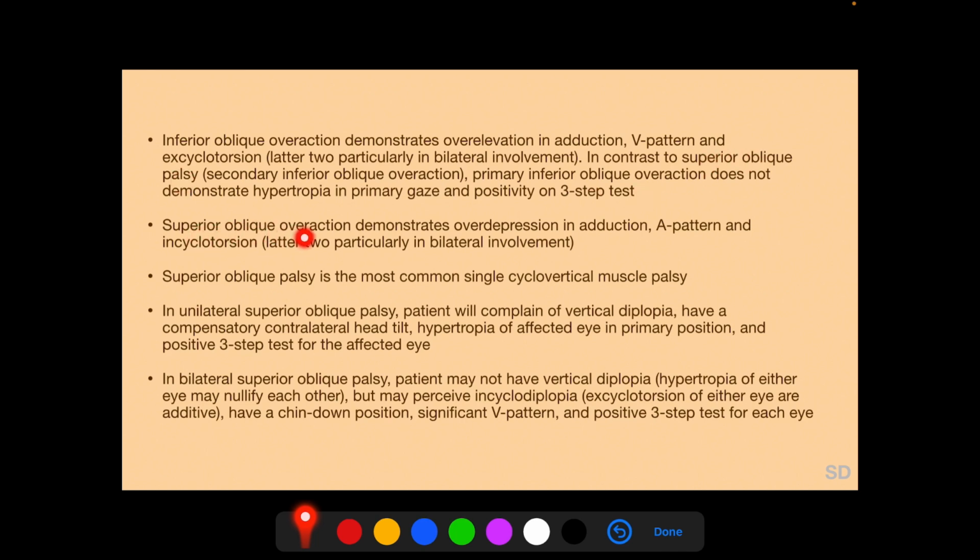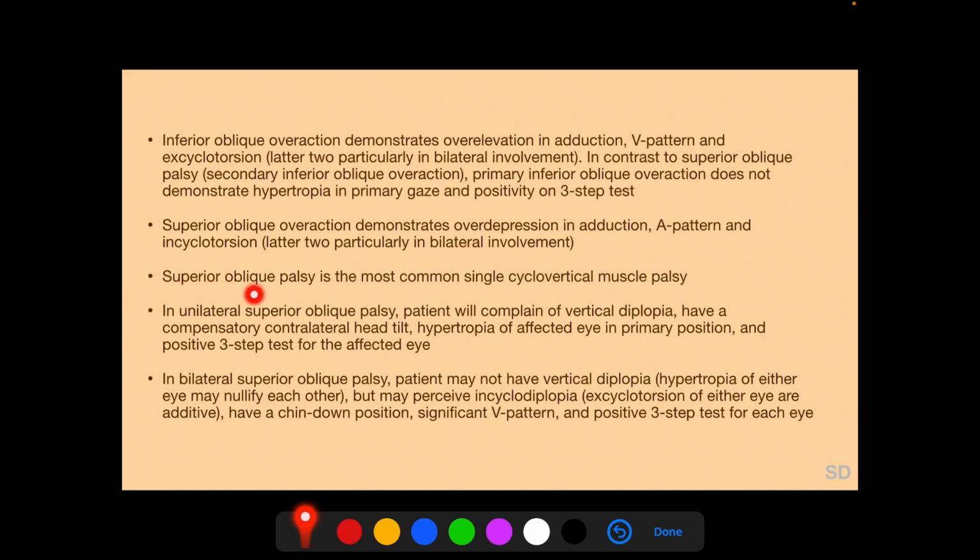Superior oblique overaction patients demonstrate overdepression in adduction, A pattern and encyclotorsion, with A pattern and encyclotorsion being more prominent in patients with bilateral superior oblique overaction.